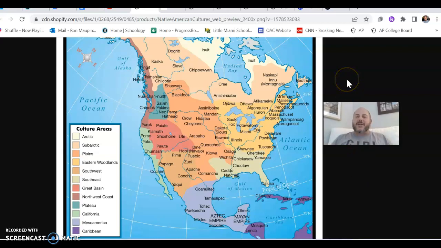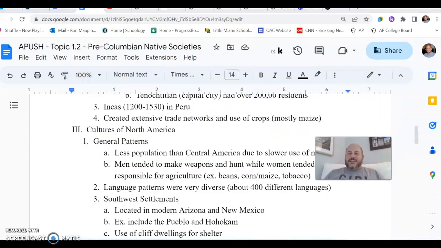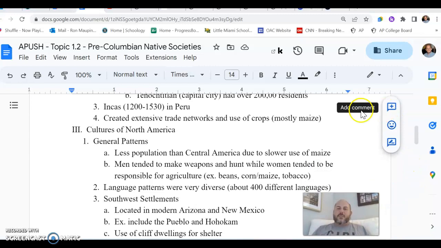Once again, much more diversity in what's going to become Native America than what we'll see in Central and South America. So with an understanding that there is going to be tremendous diversity depending on what region of America you're going to be settling in as a community, as a nation, let's get into some of these different regions.